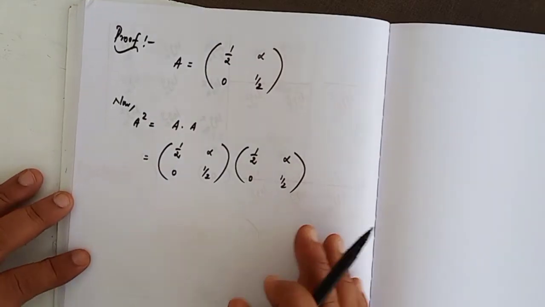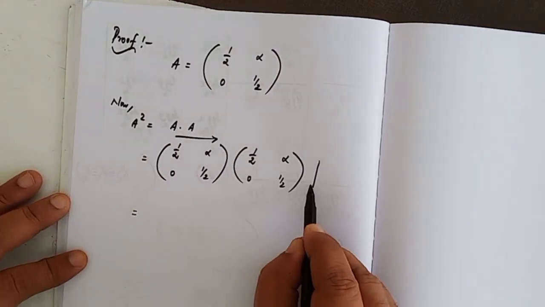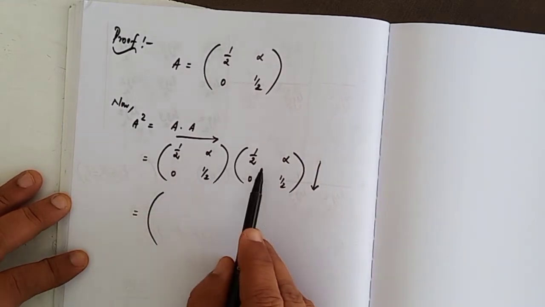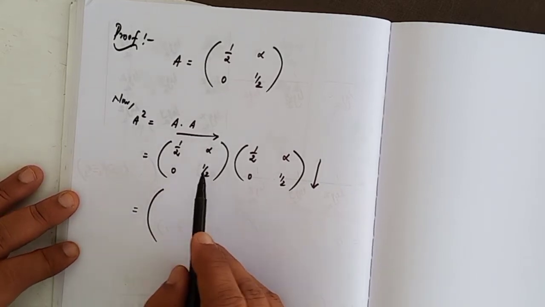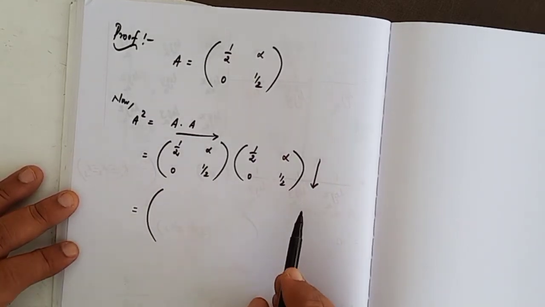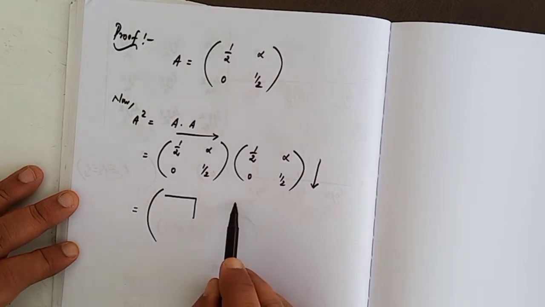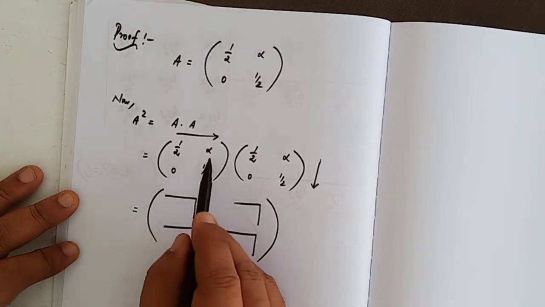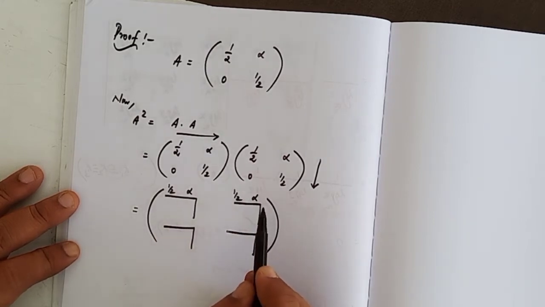It is a row by column multiplication. How many rows here? 2 rows. How many columns? 2 columns. So the resultant matrix has 2 rows, 2 columns. First row is 1/2 alpha, here also 1/2 alpha.